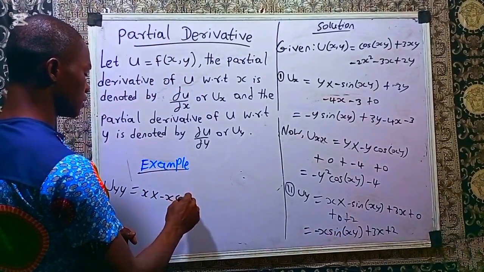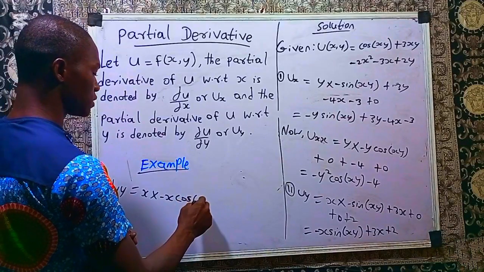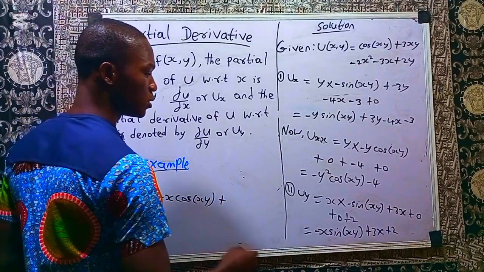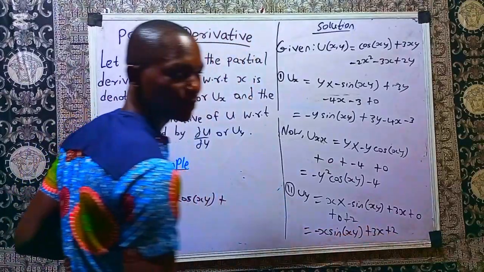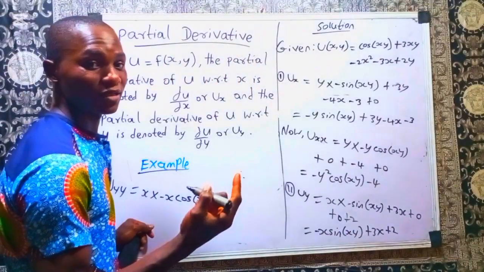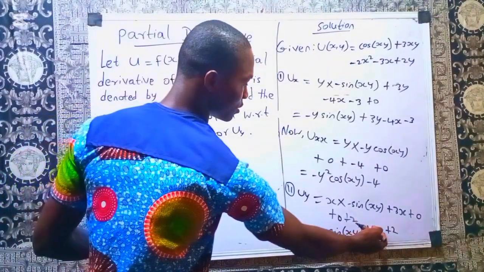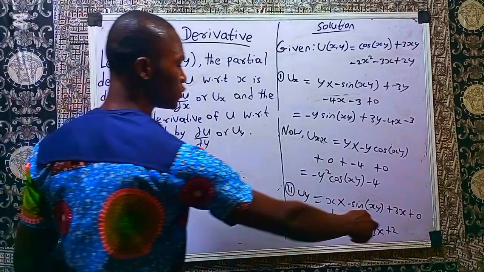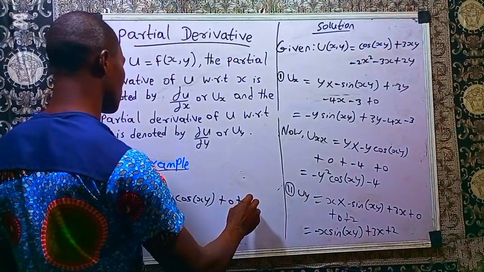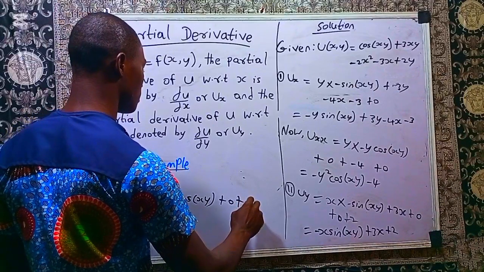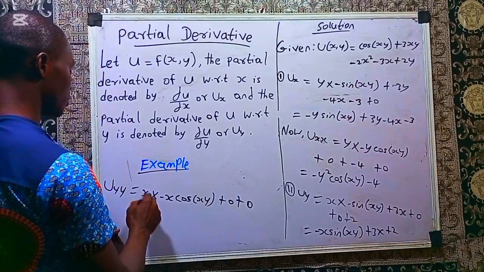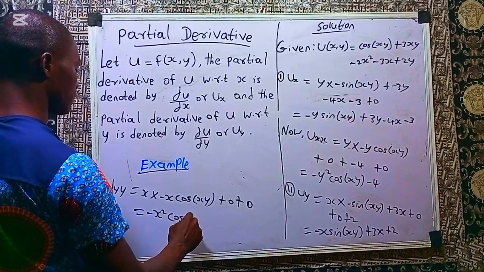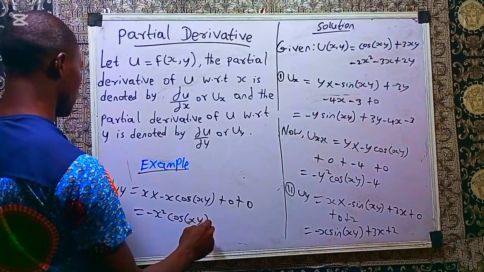You get cosine xy, plus differentiate 3x with respect to y. There is no y there, so it's just a constant, you get 0. Differentiate 2 with respect to y, 2 is a constant, you get 0. So this is giving you negative x squared cosine of xy.